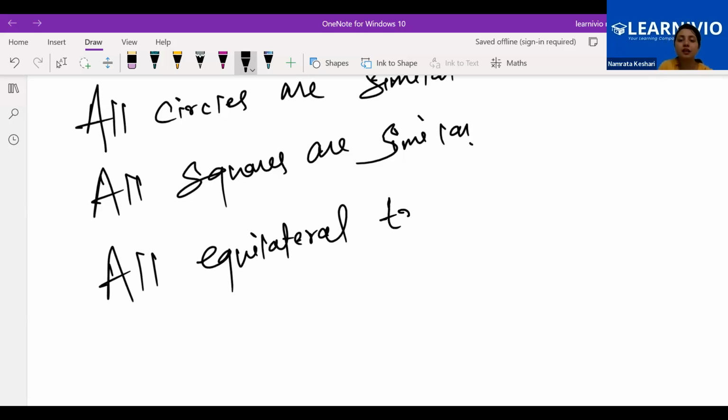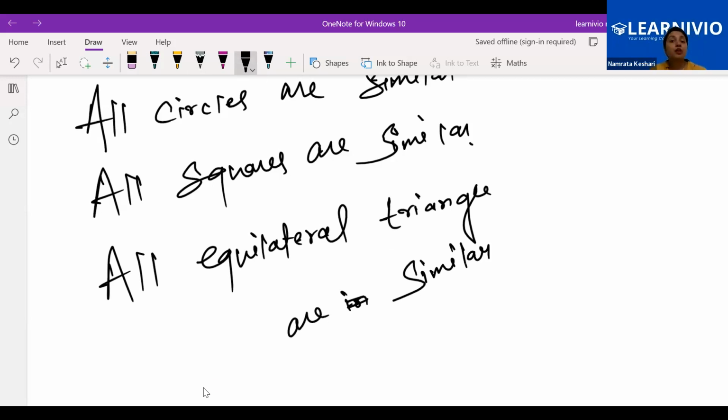Equilateral triangles are in proportion, so similar we are going to write. It will always come out in proportion. But for other shapes, rectangle, quadrilateral, we have to check.